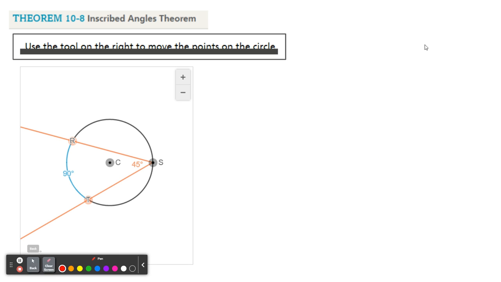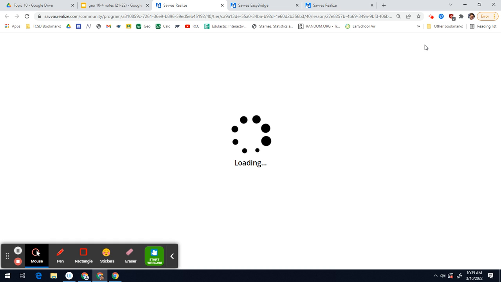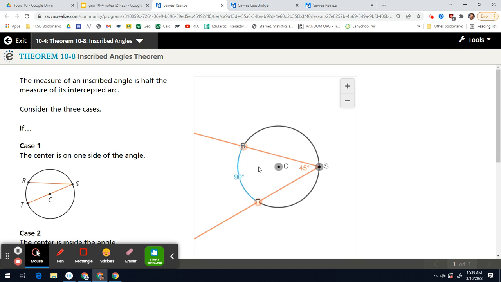All right, so let's use this tool here. Let's go to Savis. I think it says we can move all the points around. I think I can. There we go. Okay, so again, notice that the first inscribed angle is 45 and its arc is 90, right?